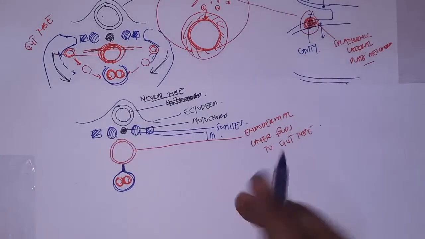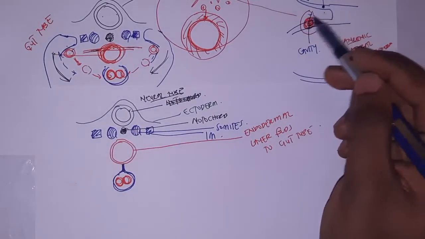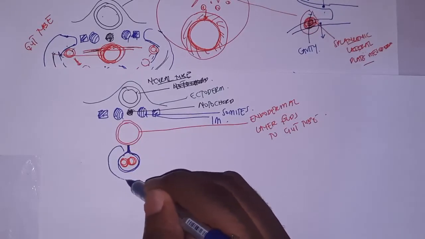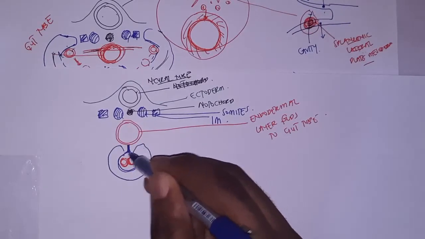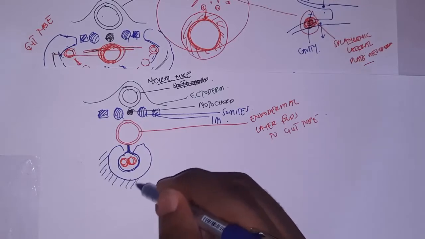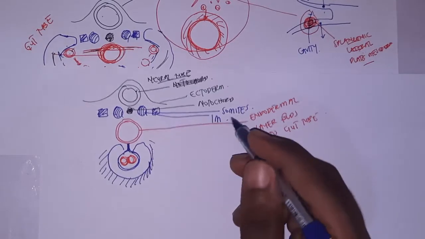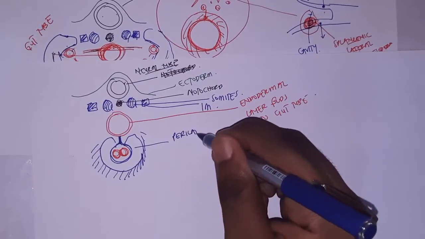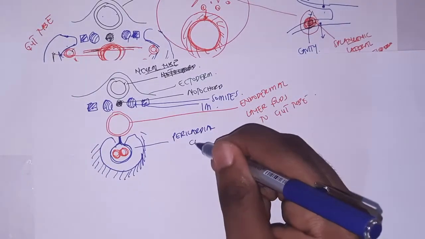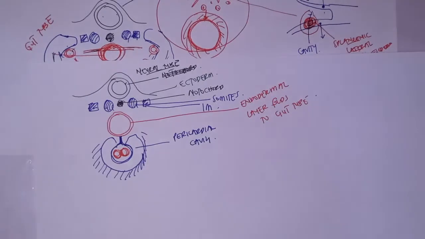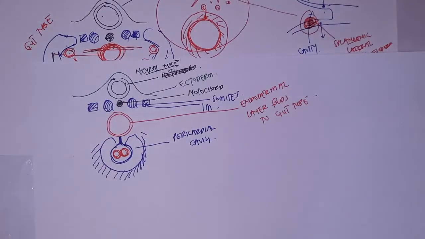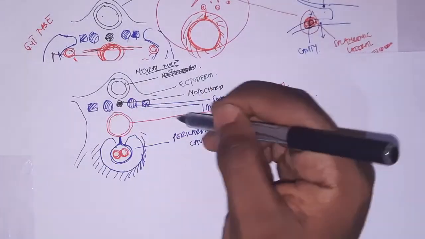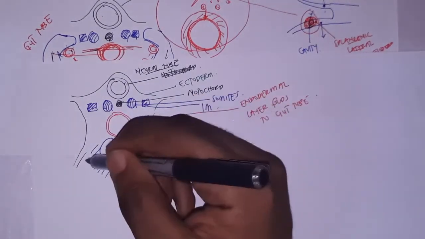And this space here, or this cavity, will now become the cavity that envelops this. So this becomes the primitive pericardial cavity. I hope we're all following. I hope I haven't lost you.